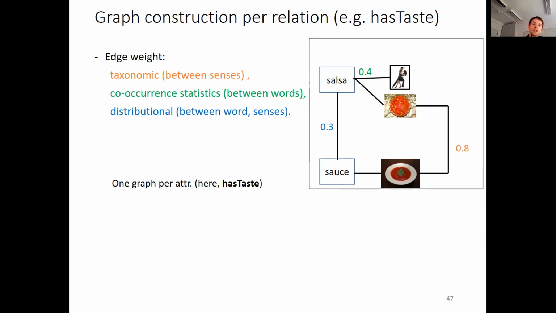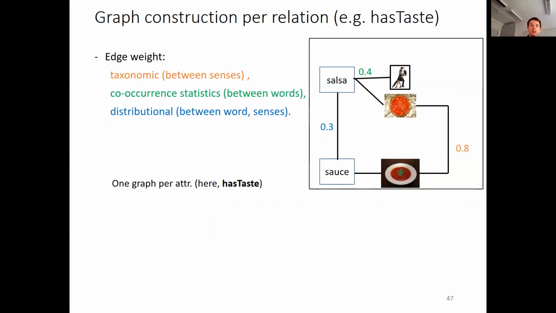Then co-occurrence statistics in a large textual corpus, so that the words from the salsa dance co-occur with the term salsa, which gives us basically the prior probability. And then distributions between words and word senses, using here the WordNet glosses, which disambiguate word senses.